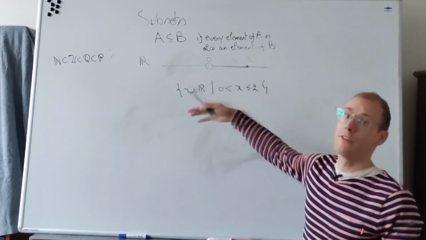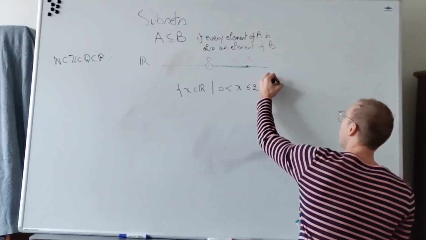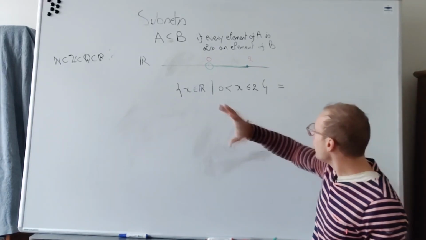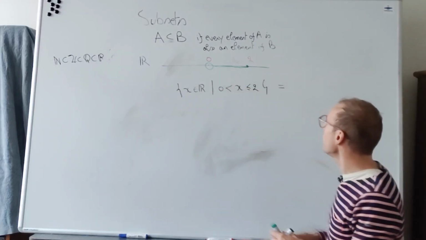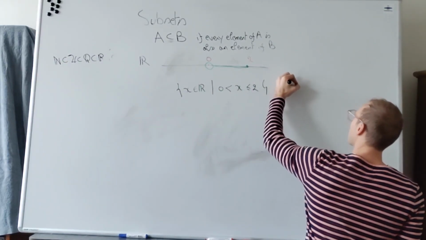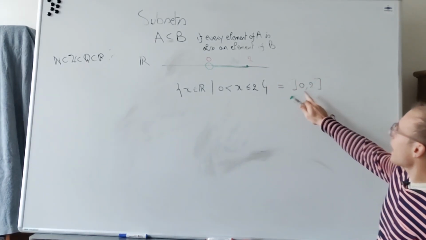Of course this is a valid way of expressing this set, but because this is an interval, an uninterrupted subset of real numbers, we can also use these square brackets. We can use this notation. This is exactly this subset.